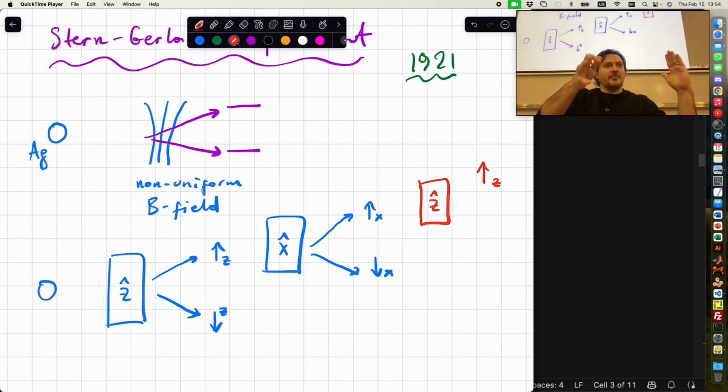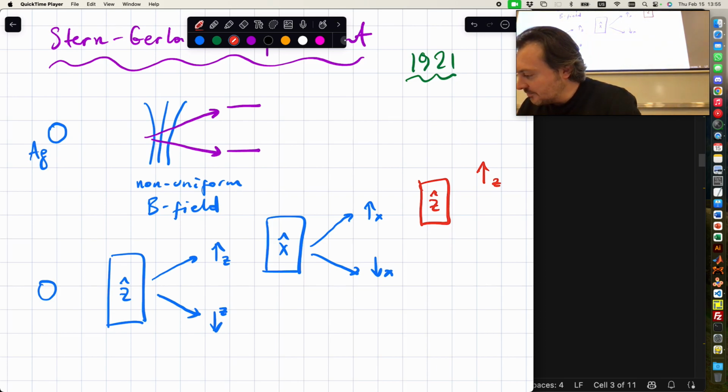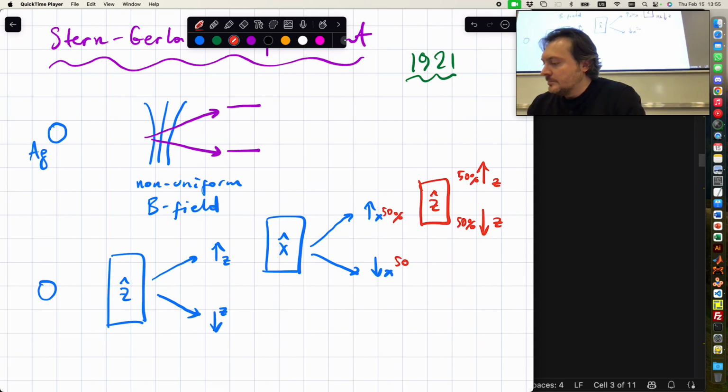X did something to it, but I measure in the Z direction again. Well, no. Up Z, down Z: 50% this way, 50% that way. Also, this one is 50%, 50%. And this one is 50%, 50%.